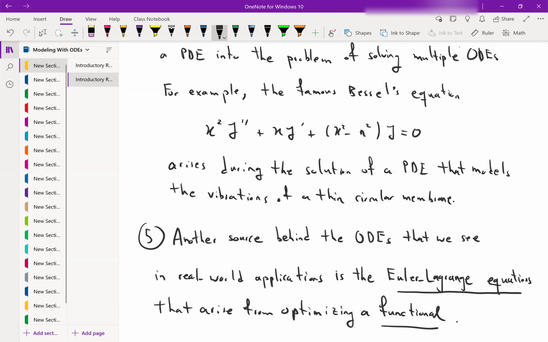Another source was this idea that many times we model the real world phenomenon using partial differential equations, but as we are solving partial differential equations, we arrive at certain ODEs that we need to solve. And then finally, I told you that there is the interesting class of ODEs that appear as Euler-Lagrange equations. I didn't give any further explanation. I will create a video. I will talk more about Euler-Lagrange equations and why they are important.